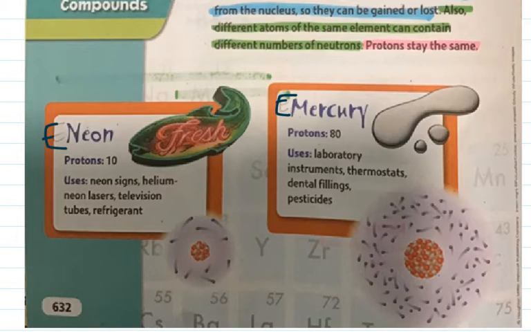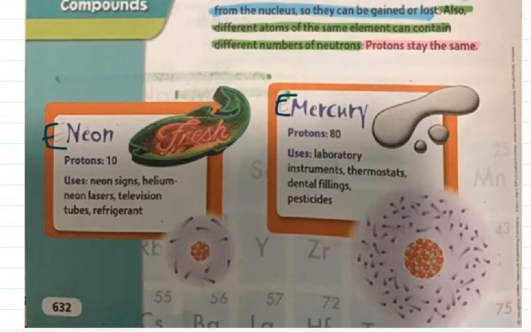Neon has 10 protons. No other atom can have just 10 protons. Neon is used in neon signs, helium neon lasers, television tubes, like the actual tubes behind the television screen, and for a refrigerant. It's not completely inside a refrigerator, just FYI. But there are different things neon is used for.